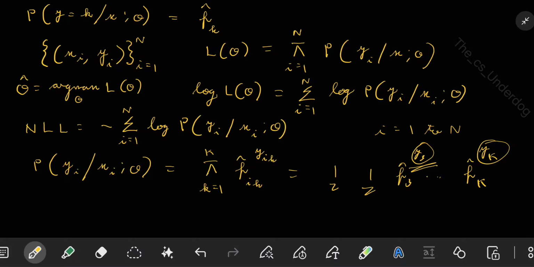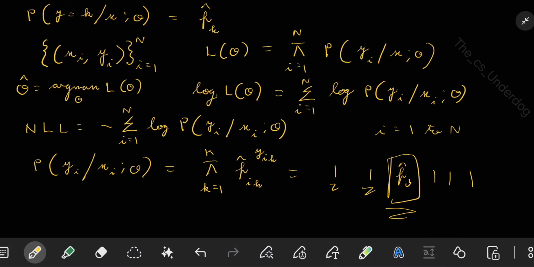But whichever has value 1 in the one hot vector, that p will remain. Let us say 3 is the right class here. Then p3 will remain, all others will become 1. So when you multiply p3 with all ones, p3 remains. This is the mathematical way of expressing that the probability corresponding to the right class should be kept.